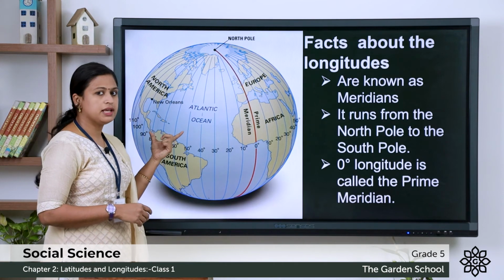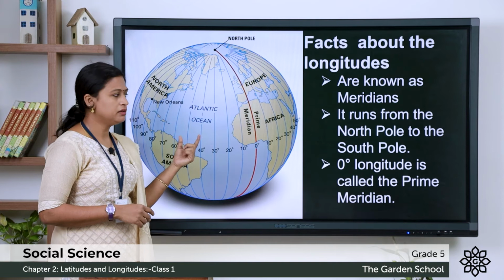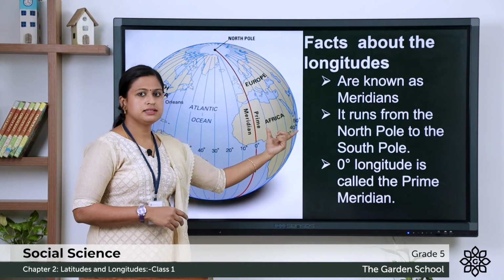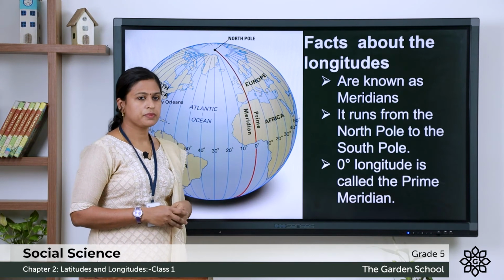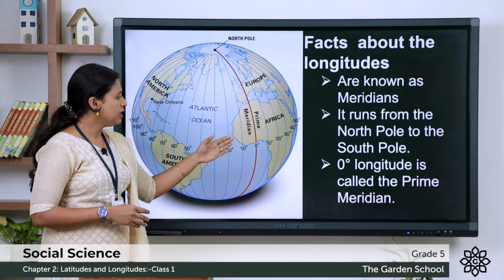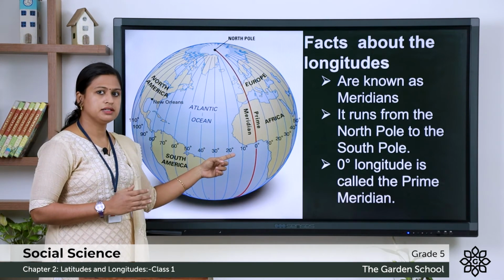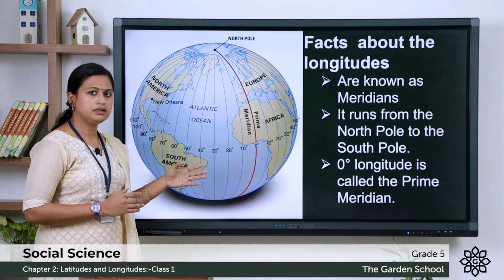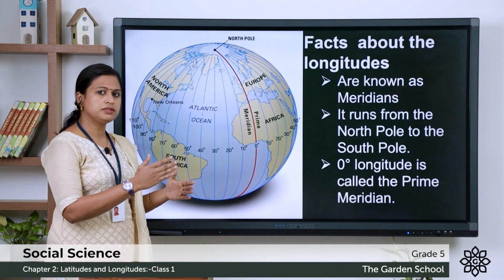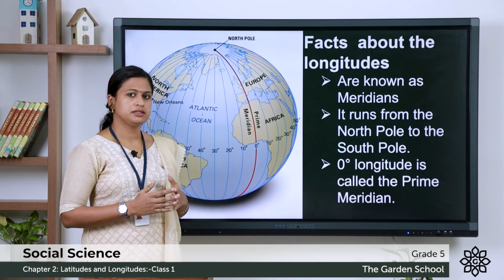This part is known as the eastern hemisphere and this is the western hemisphere. The longitudes in the eastern hemisphere are measured as 10 degree east, 20 degree east, 30 degree east and it goes till 180 degree east.